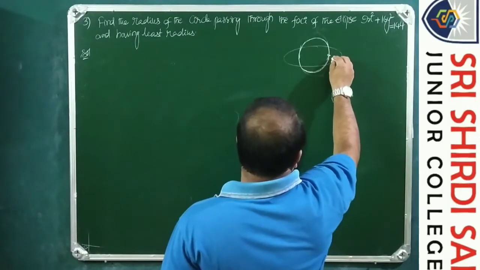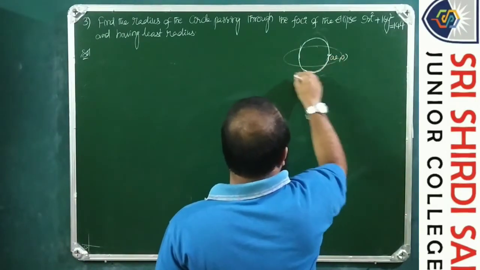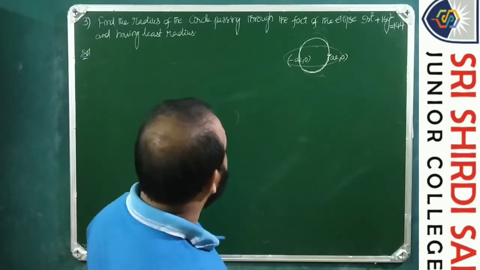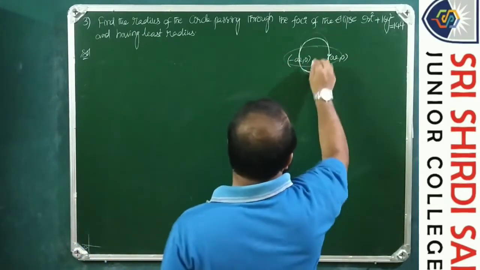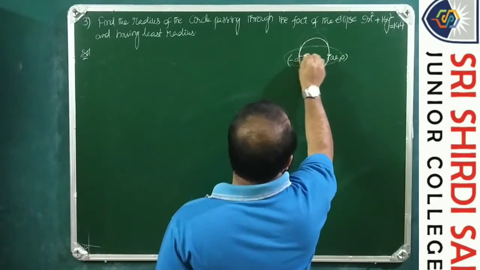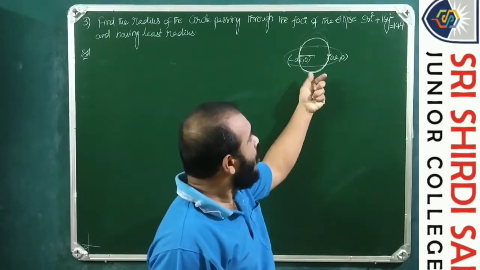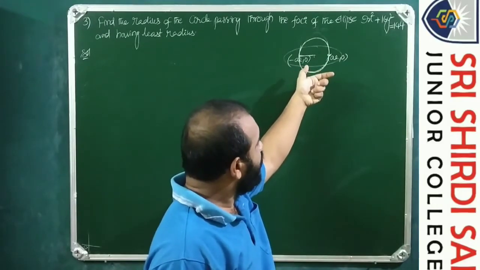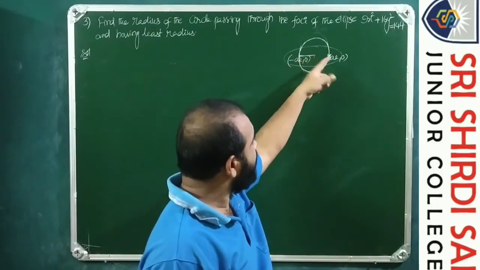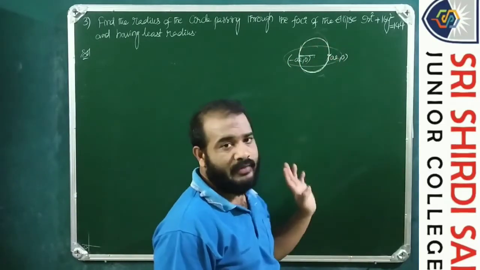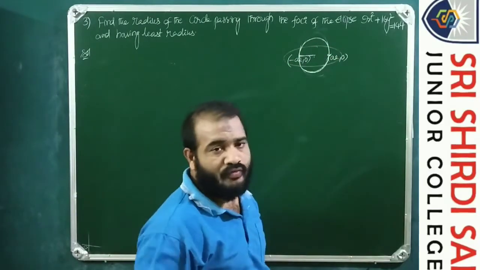So this is AE comma 0 and this is minus AE comma 0. The circle having the least radius passing through both the foci of this ellipse is what we need to find.